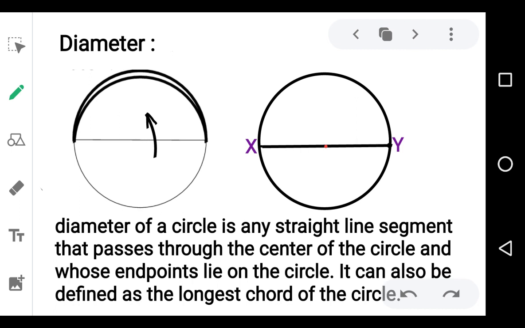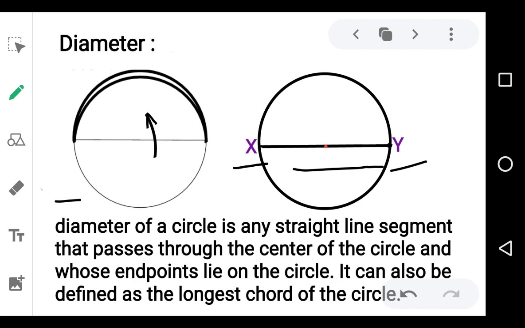Here we take another circular shape and we divide it into two halves. Here you see the tracing line. What is it called? It is the diameter of a circle. Here we give it the name XY. So XY is a diameter. How can we define it?